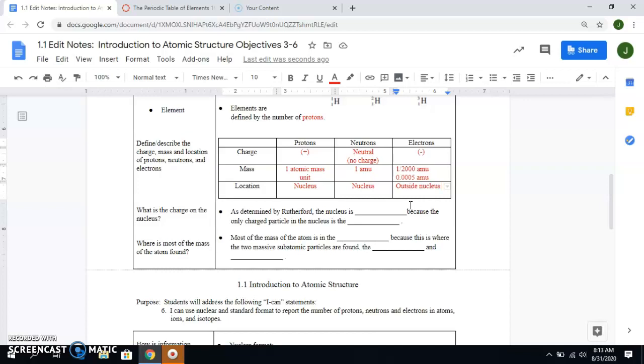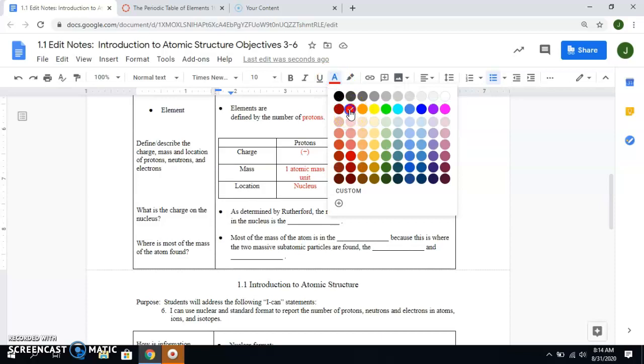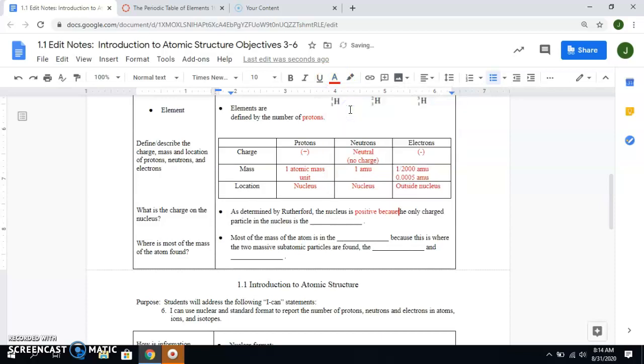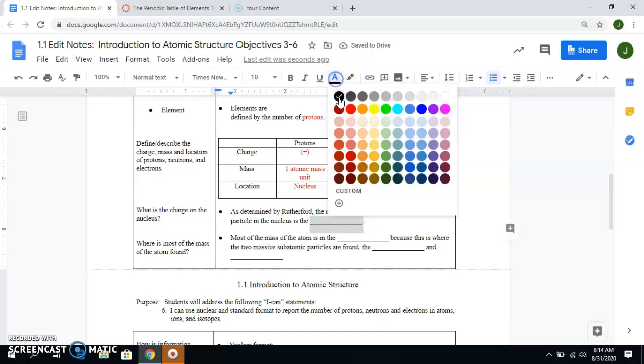Okay, I just want to hammer home two big ideas right here. You can see the guiding questions on the left-hand side. Question number 1 is, what's the charge on the nucleus? We've emphasized this a couple times, and I just want to make sure everybody understands. As determined by Rutherford, the nucleus is positively charged, because the only charged particle in the nucleus is the proton.